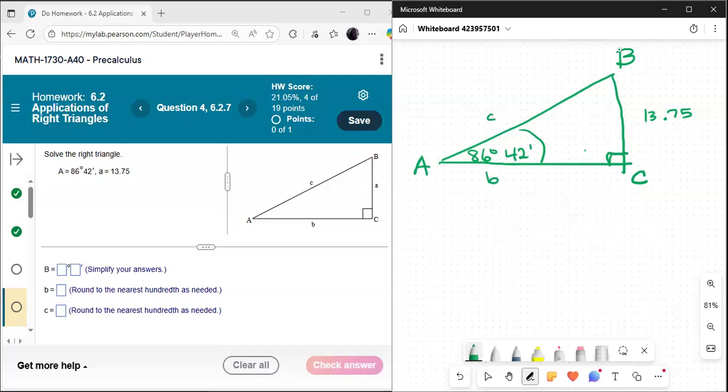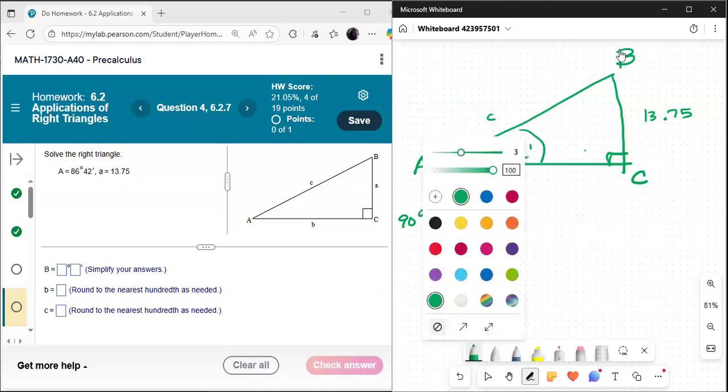We have the angle 86 degrees, 42 minutes. We want to subtract from 90 or 89 degrees, 60 minutes. So we want 90 degrees to be 89 degrees, 60 minutes.